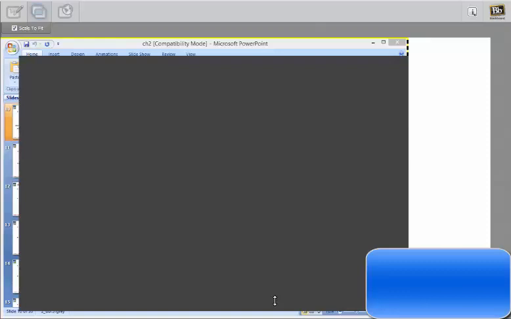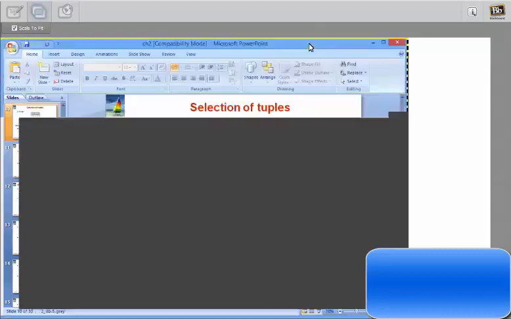I have told you, like find all instructors under the age of 23 or 25 or 28. So you must be able to write down the queries, relational algebra questions, from that.